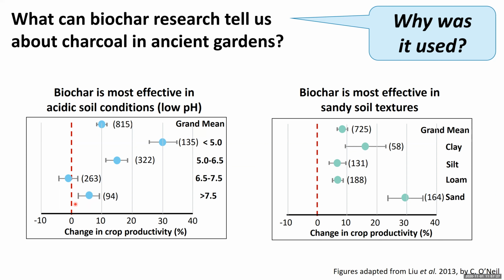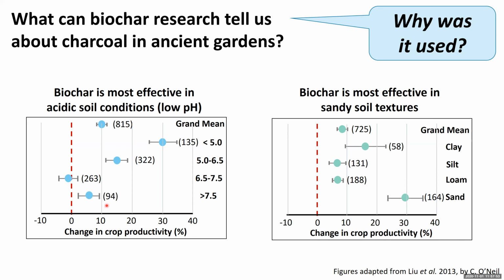So this graph shows that there's no statistically significant effect of biochar on crop productivity when biochar was added to soils with pH between 6.5 and 7.5. In contrast, adding biochar to soils with pH greater than 7.5 does increase crop productivity by about 6%.